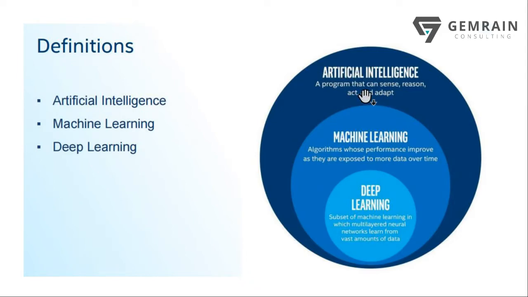So artificial intelligence is like a complete system where it can collect the data, then analyze the data, then reason out, then accordingly take the decision and act. Machine learning is a subset of artificial intelligence where data is provided.